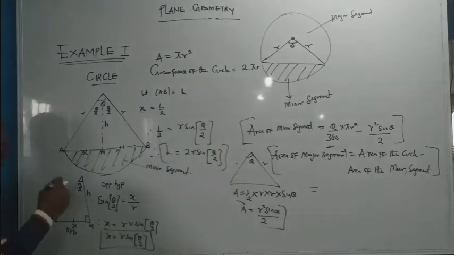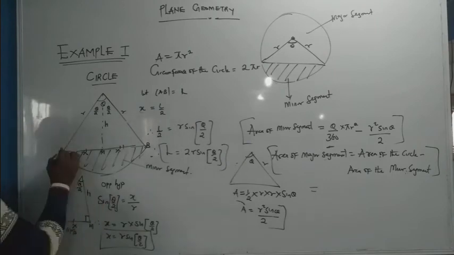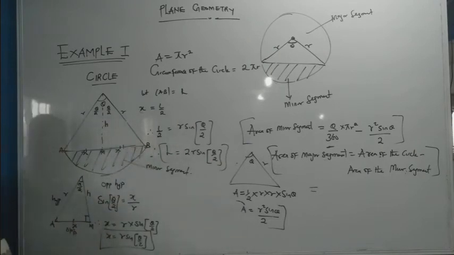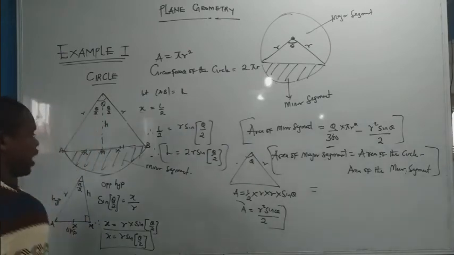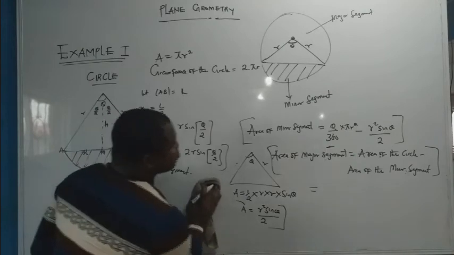Okay. So what do we do now? Calculate the perimeter of the minor segment. So length of the chord plus what? Plus length of the arc. Exactly. Alright, so let's go, length of the chord plus length of an arc. So let me erase this.